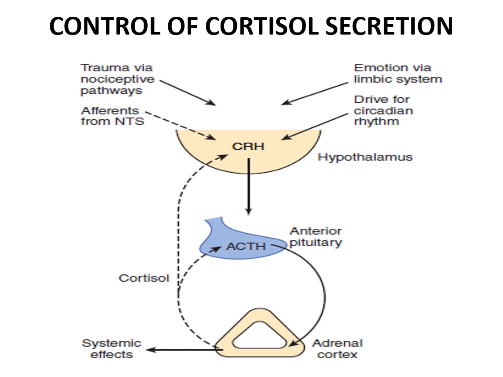The release of corticotropin releasing hormone and subsequently ACTH occurs in a pulsatile fashion that follows circadian rhythm under the control of the hypothalamus, especially its suprachiasmatic nucleus.